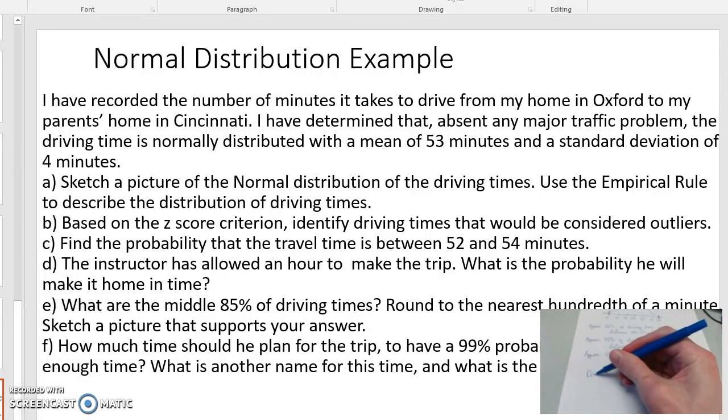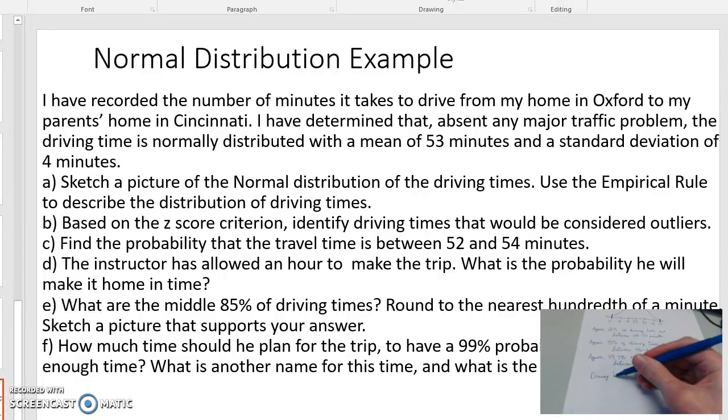So driving times below 41 minutes or above 65 minutes are considered outliers.